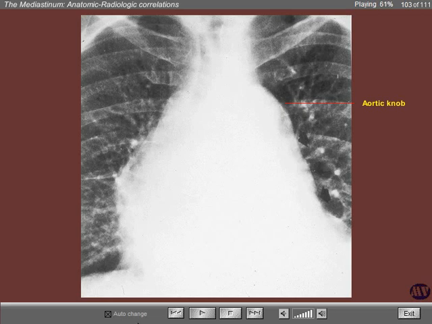This would make this prominent mediastinal shadow a juxtapericardial and juxtacardiac tumor, that is, tumor wrapping around the heart and extending cephalad from the superior insertion of the pericardium, which is at the takeoff of the brachiocephalic arteries.